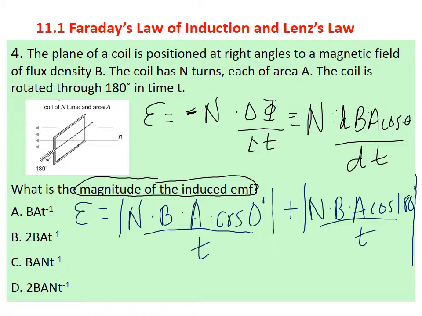I add these up, and this will give me the magnitude. You'll multiply all these terms, NBA over t times cosine of 0, do the same thing, NBA over t times cosine of 180, absolute value, sum, and then you should get the right answer.